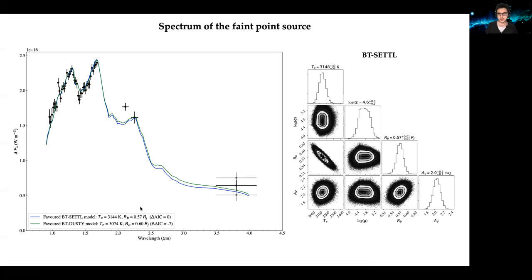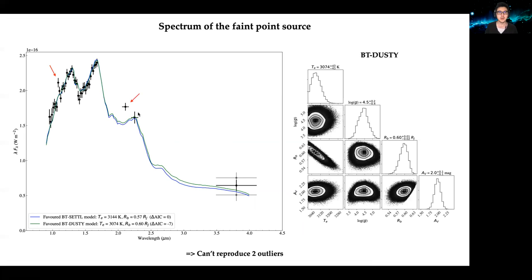But at first it looks a bit puzzling. What we can also see from this spectrum is that there is a significant outlier with respect to the models. And there could be another potential outlier at shorter wavelength too. So given the fact that the star is accreting, if this point source is a true companion, it might be accreting too.